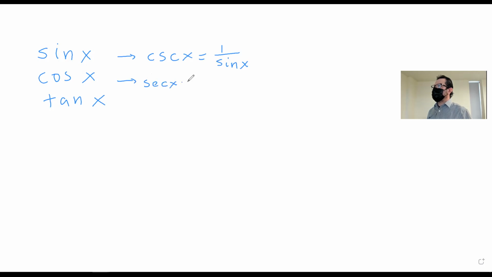Then we've got the secant, which is 1 divided by the cosine of x. And lastly, we've got the cotangent, which is 1 divided by the tangent. And also, we have a relationship between the tangent of x and sine and cosine.